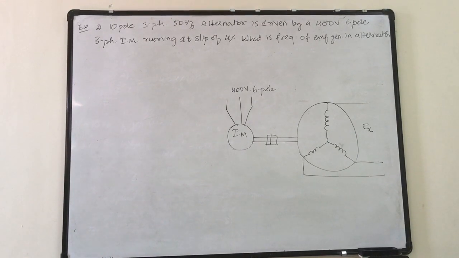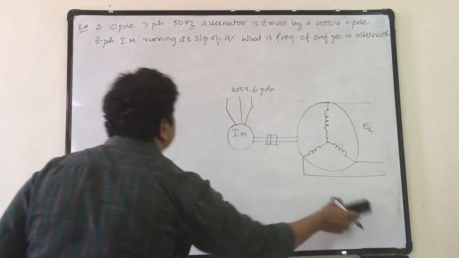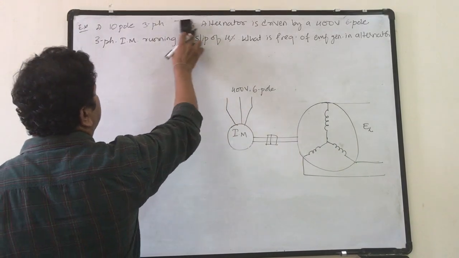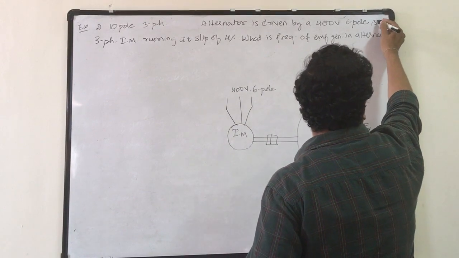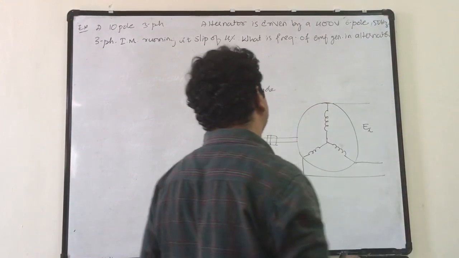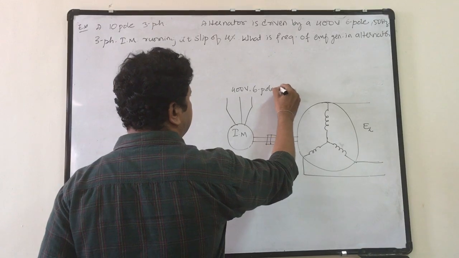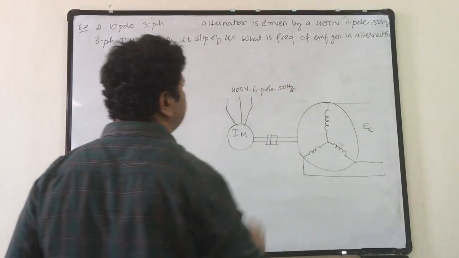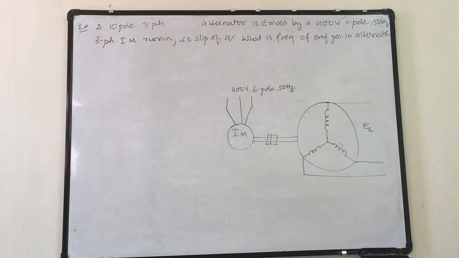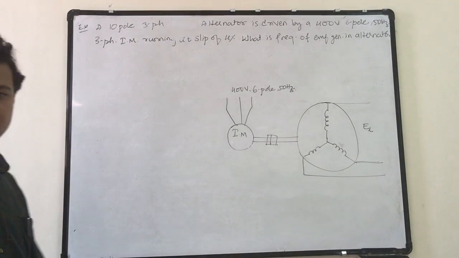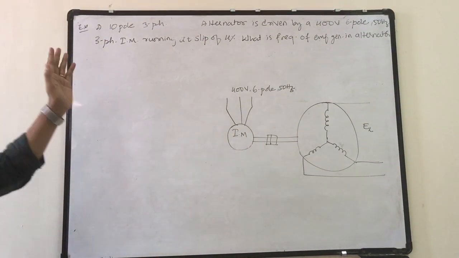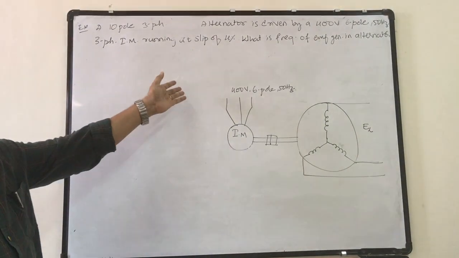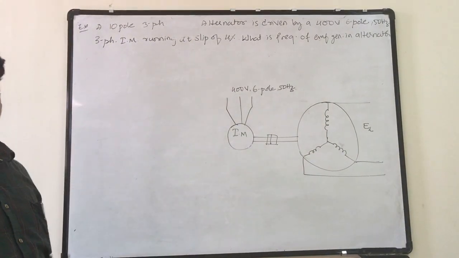A 10 pole 3 phase alternator is driven by 400 volt 6 pole 50 hertz induction motor. The statement itself is wrong in the book, because it has been asked a 10 pole 3 phase 50 hertz alternator, and then it is asked what is the frequency of EMF generated.